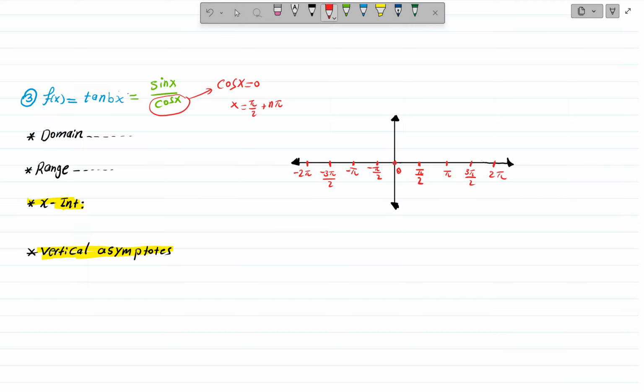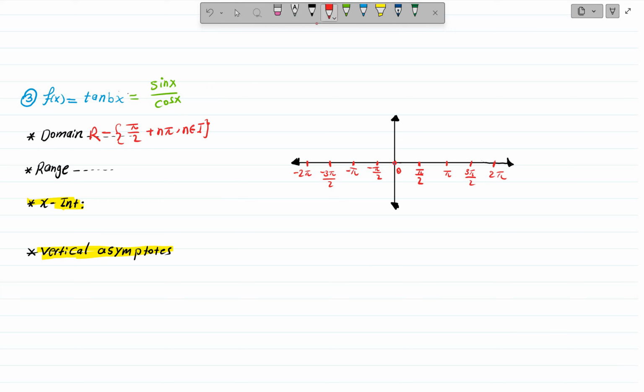So the domain is R except these values, pi over 2 plus n pi, where n is an integer. It must be an integer number. Okay, this is about the domain.